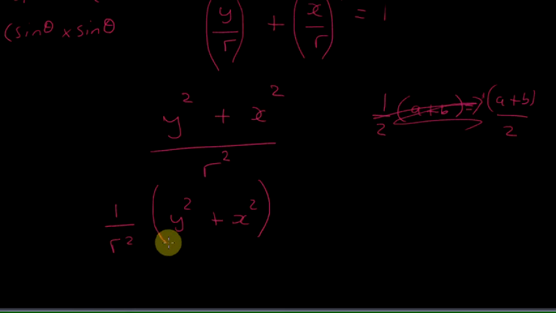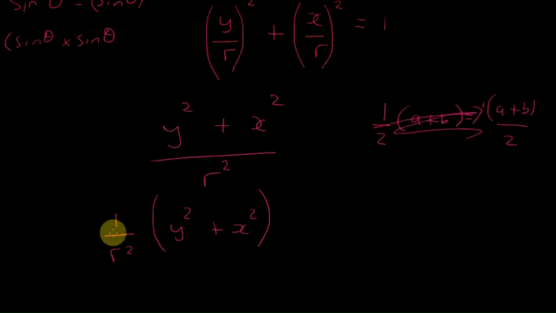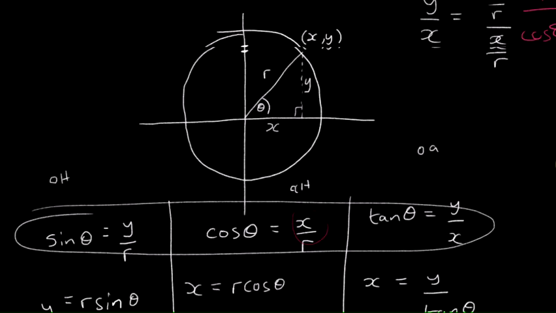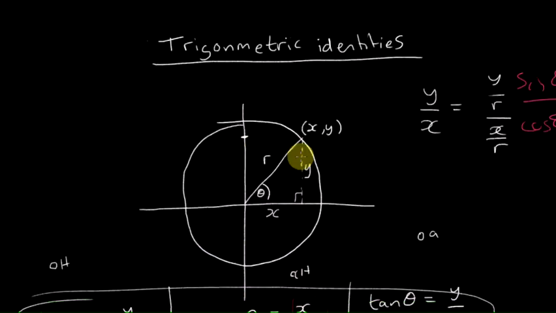So what have we got? How does this help? Well, you wouldn't have recognised it, but if we go all the way back up, we've got to use the equation of a circle here.